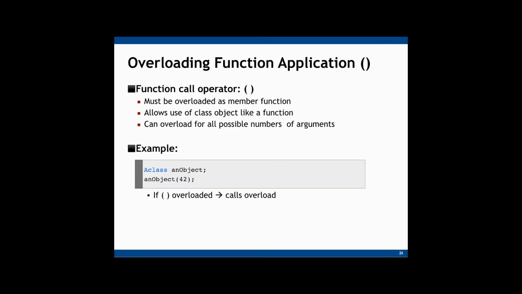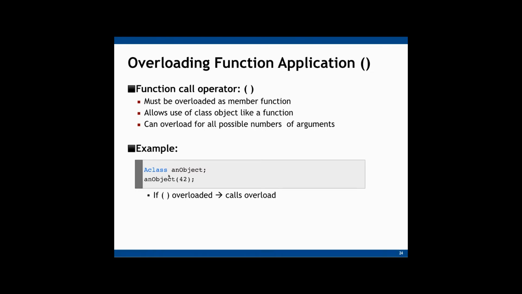You can also overload the function call operator. If you overload it, you can use objects of the class as if they were functions. So if we look at this example, an object is an object of a class type.